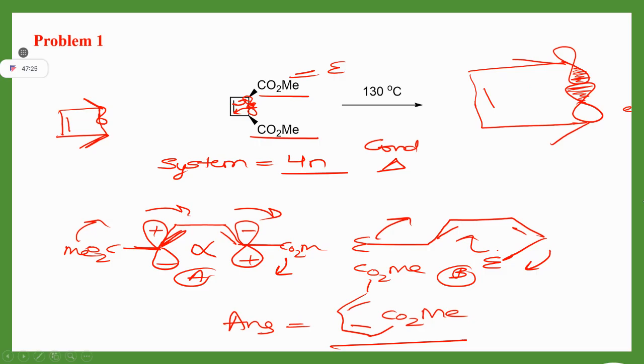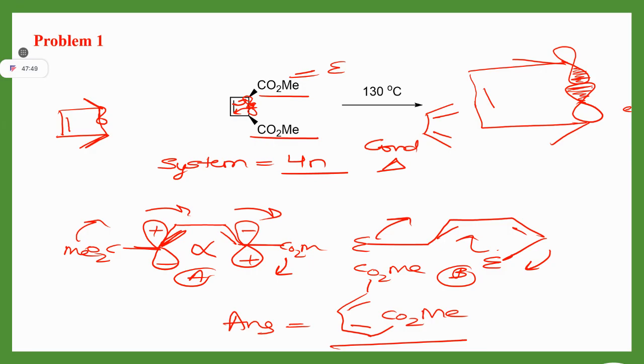See, this is your present scenario, correct? In order to make these two lobes apart, only then will this ring open and convert into this butadiene type of system, correct? And you know very well that 4n system under thermal condition goes conrotation.